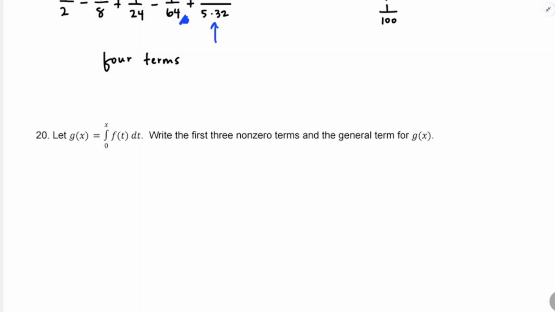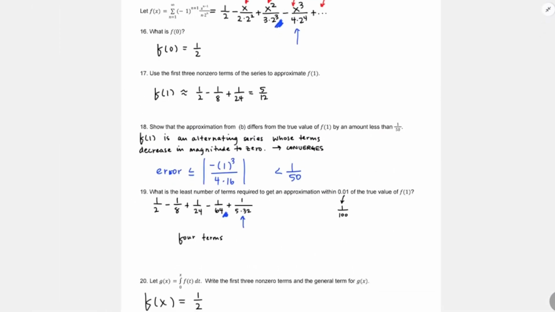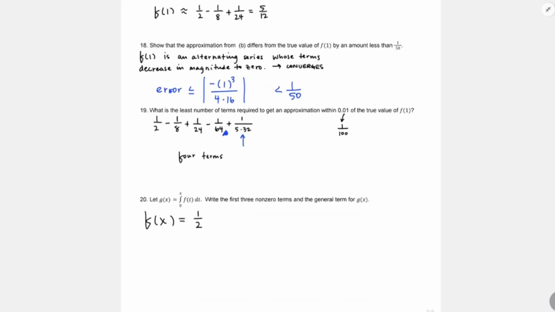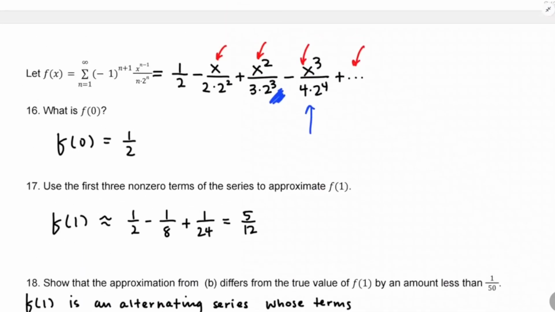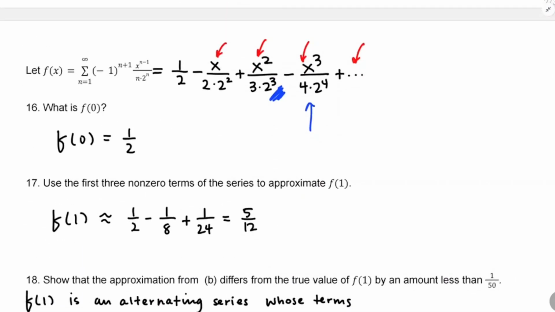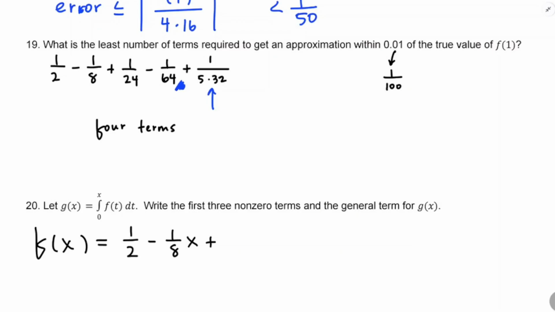All right, so what I'm going to do is I'm going to kind of copy in f of x. It's equal to 1/2 minus 1/8 of x plus, I'm going to write it kind of more like a polynomial, 1 over 24, so it went 8, 24, 64, first 3 non-zero terms.